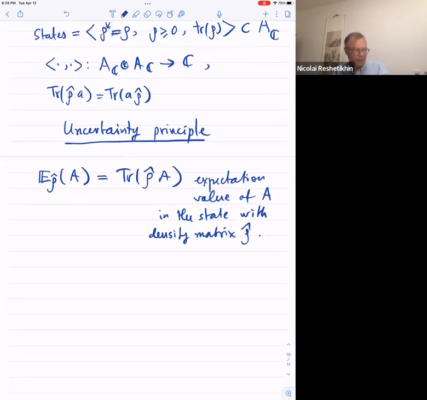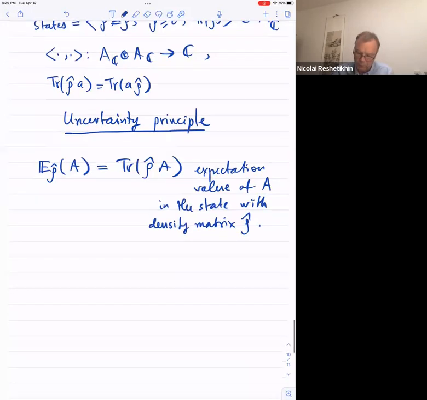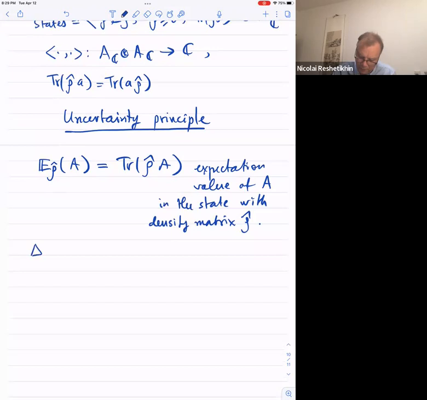We also have the dispersion. Let's define the dispersion very naturally, in the same way as in probability theory.